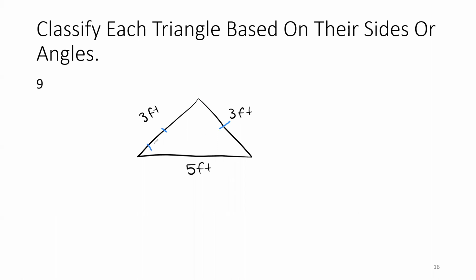That means two angles have to be the same. So I'm going to say an isosceles. Okay. I don't think it's an acute or an obtuse because, yeah, it could be obtuse, but we just don't have enough information.